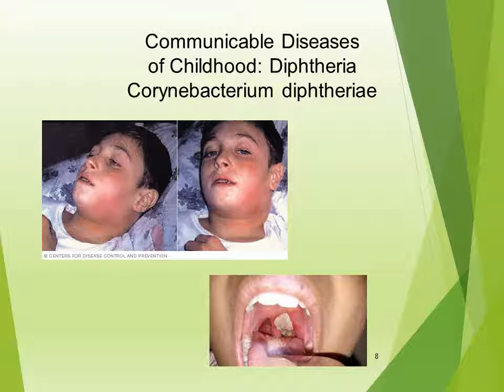Okay, the next disease that we're going to talk about is diphtheria. Diphtheria is spread by direct contact. It has an incubation period of 2 to 7 days. It may be infectious up to 2 to 4 weeks. The symptoms begin with the symptoms of a common cold, a low-grade fever. One thing that's unusual about diphtheria is that the patient has an unusually elevated pulse.